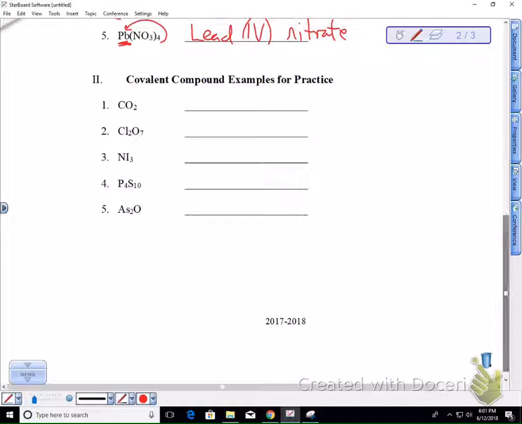Now once again, let's go back and compare it with our covalent. We just learned using the prefixes. Carbon dioxide. Very similar. If that were ionic, we would have just said maybe carbon oxide. But since it's covalent, that prefix tells us that we're dealing with something different.